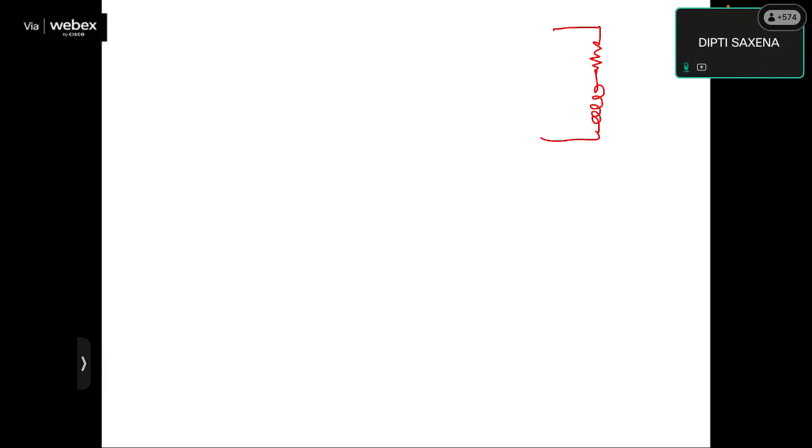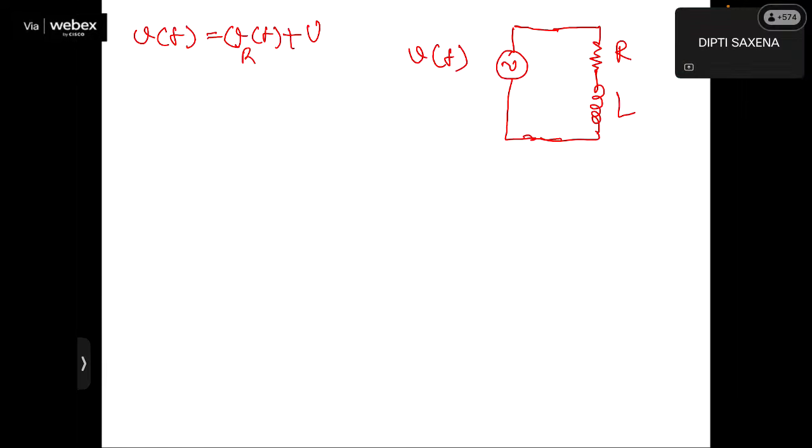Now let us move ahead and see what happens if I keep on combining these terms. So let me combine R and L. This is the resistor, this is the inductor, and let me apply a sinusoidal voltage source VT across this combination of R and L. Now, we all know, in instantaneous terms, VT will be equal to VRT plus VLT.